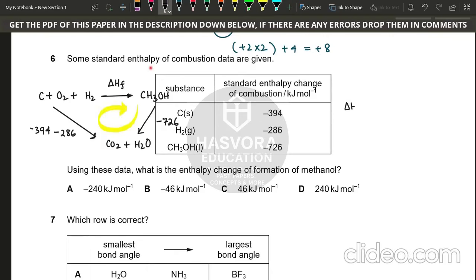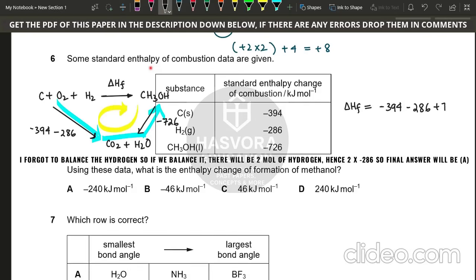The delta HF will be equal to, it should go like this first, and then like this. The ones that are with the arrow should have the same sign, and the ones in the opposite direction, you have to reverse. So it will be -394, -286, and then plus the other one, so plus 726.